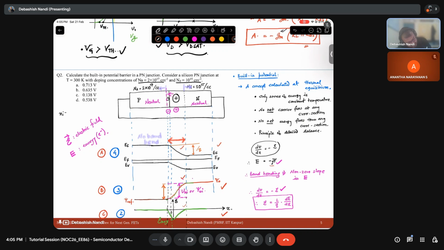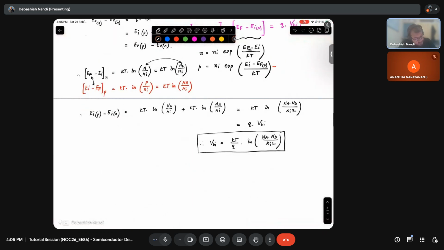What is your Ni for silicon? 1.5 times 10 raised to 10 per centimeter cube at 300 K. So at 300 K, KT by Q is 0.026, ln of 2 times 10 raised to 17 times 10 raised to 15, divided by 1.5 whole square times 10 raised to 20. Calculate this, you will get your built-in potential.